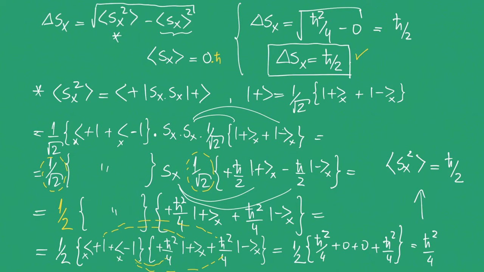I'll draw the histogram for this case on the next page. For ket plus, the expectation value of the operator Sx is 0, and the uncertainty associated to this measurement is h bar over 2.